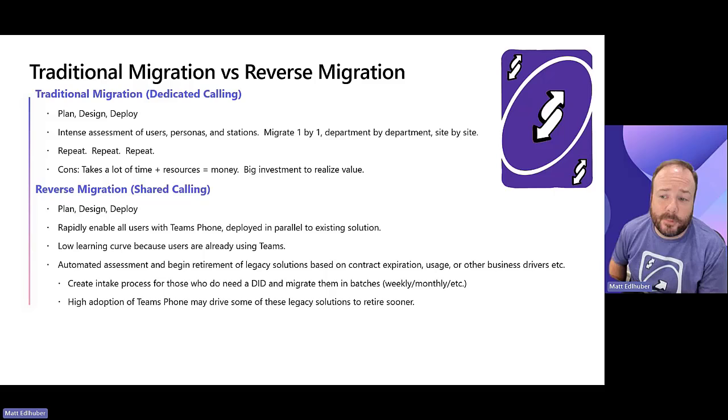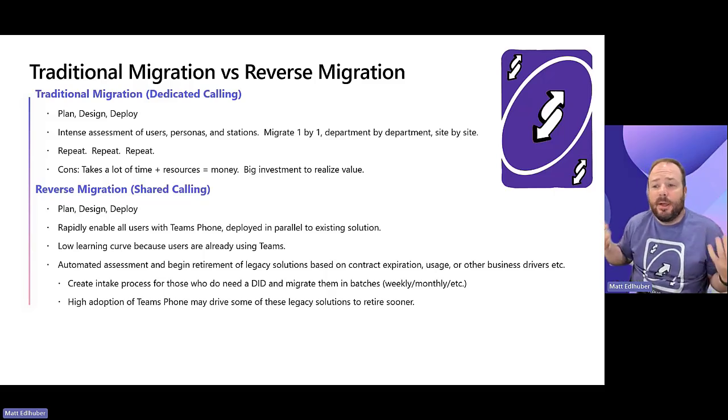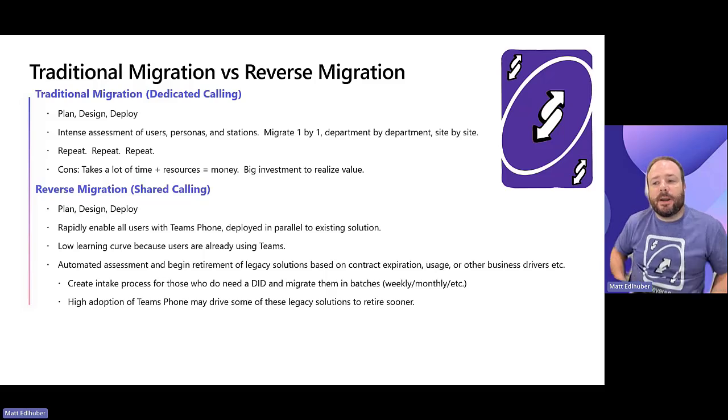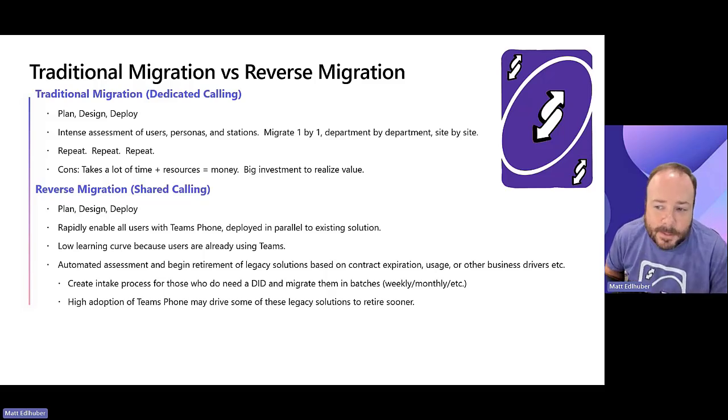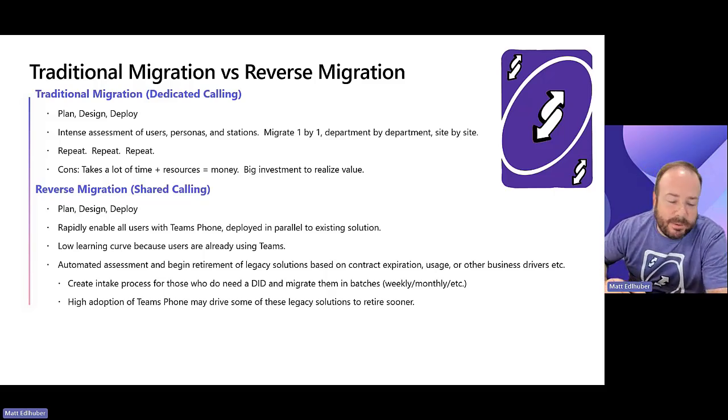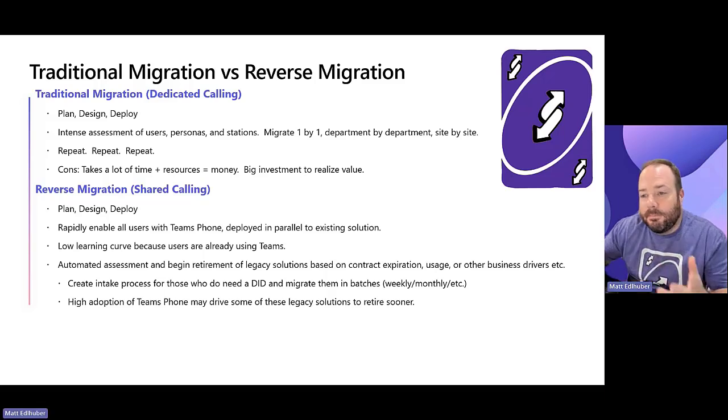So that's where we challenge organizations a little bit. Think about this differently, right? The reverse migration, right? I'm even rocking the shirt today. The idea is to rapidly enable all of your users with Teams Phone, deployed in parallel to the existing solution.